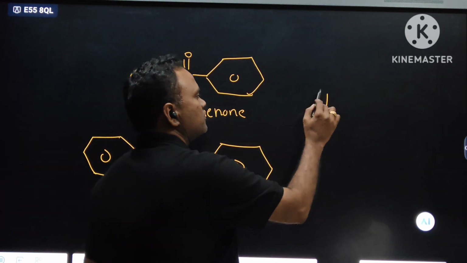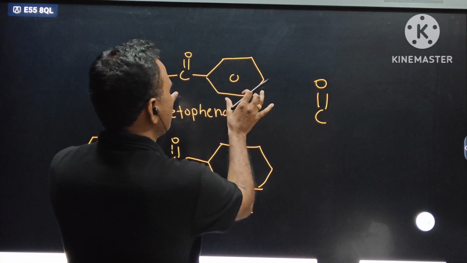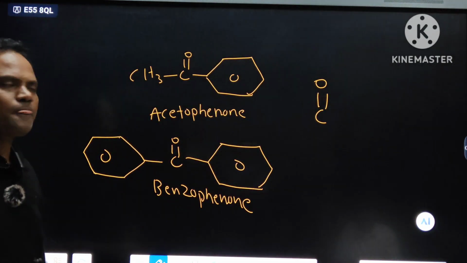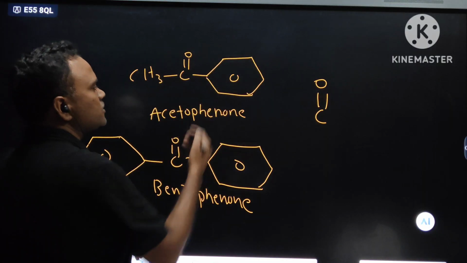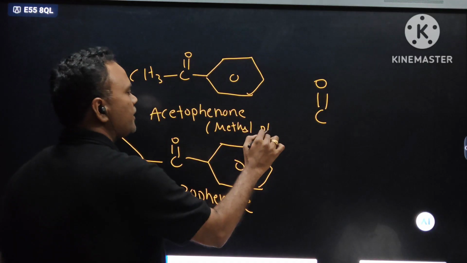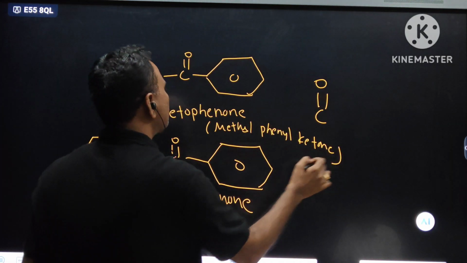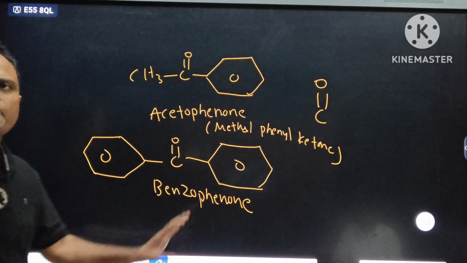See, all of you, first write C double bond. If one side is CH3 and one side is a phenyl ring, that is acetophenone, or methyl phenyl ketone, you can write like this also. Commonly called acetophenone, the most important name.